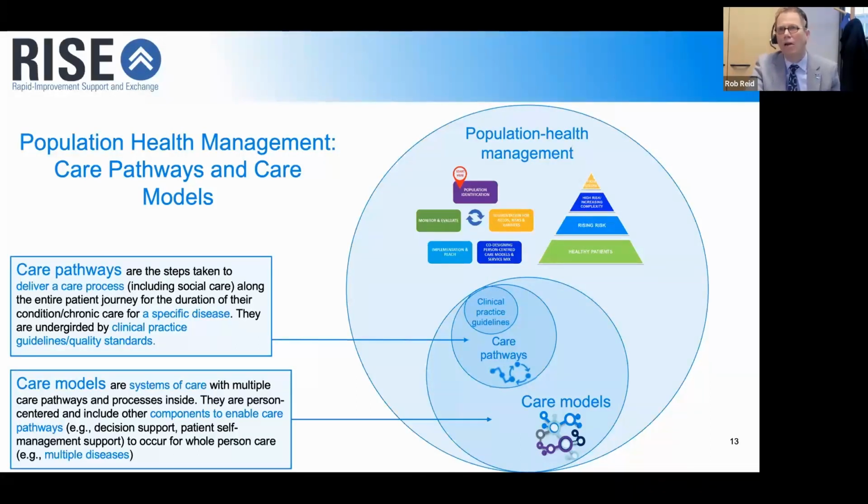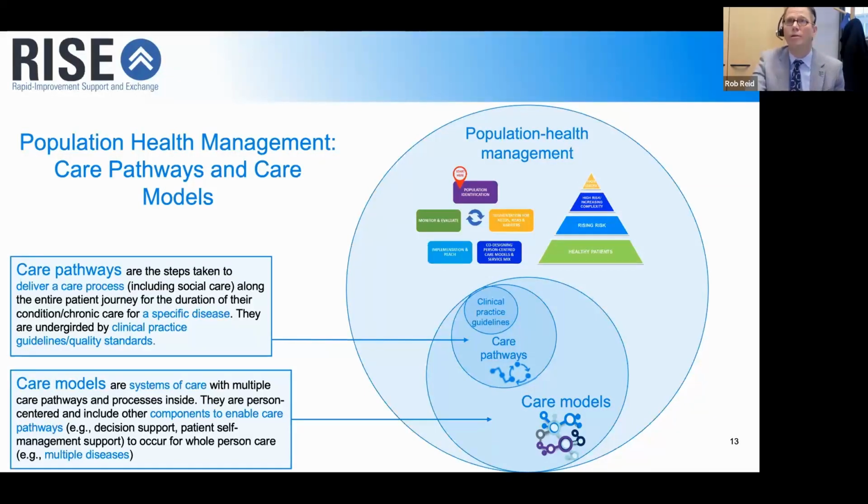I just wanted to anchor on this term a bit because we're going to hear this over and over again about care pathways. Care pathways are an absolutely essential part of care models, okay? They are really the steps taken to deliver a care process that includes social care as well, along the entire patient journey for the duration of their condition.